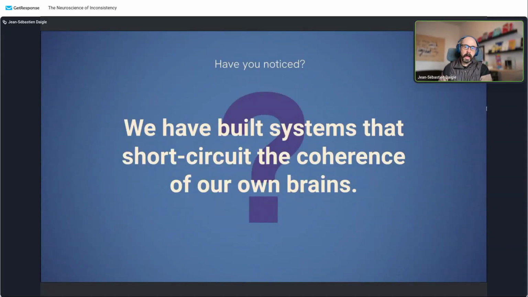So actually, we build enterprises, products, services, or whatever. We are actually the ones building these systems that have problems in coherence.